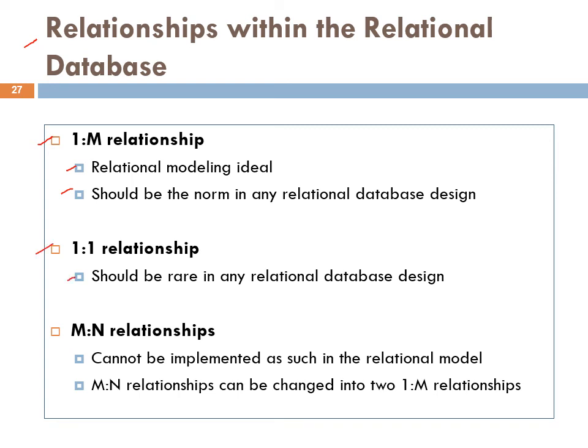One-to-one should be rare in any relational database design, and many-to-many relationship cannot be implemented as such in the relational model, where the many-to-many relationship can be changed into two one-to-many relationships. This is what we call a bridge. I think in the part 2 video, we are going to learn further on these relationships.